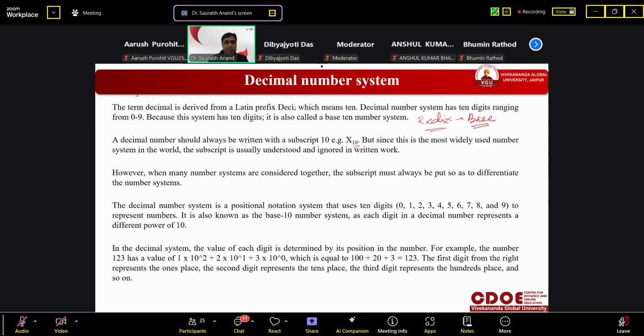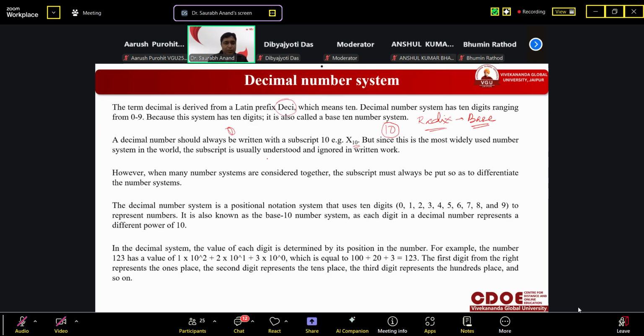So what is decimal? You have already understood deci means 10, right? And we have studied the number system, so we start from 0. The count of numbers is 10, and if we start from 0, it is 0, 1, 2, 3, 4, 5, 6, 7, 8, 9.